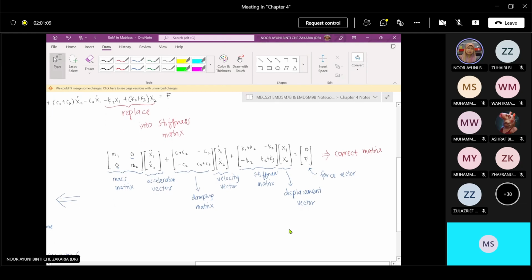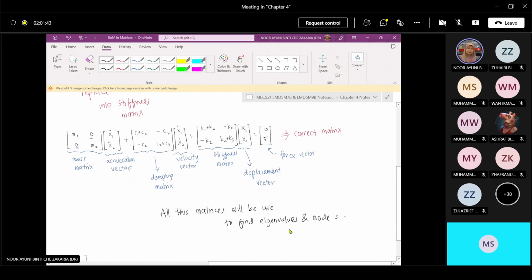So from here, we are going to use it to find eigenvalue. All these matrices will be used to find eigenvalues and mode shape. So we'll go next week.